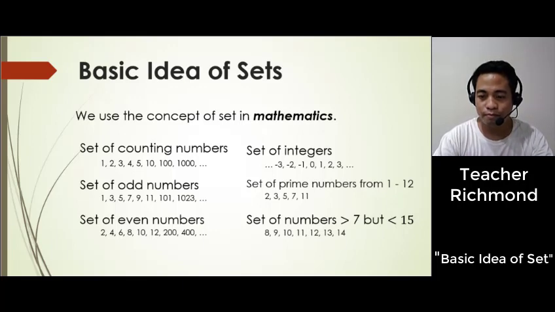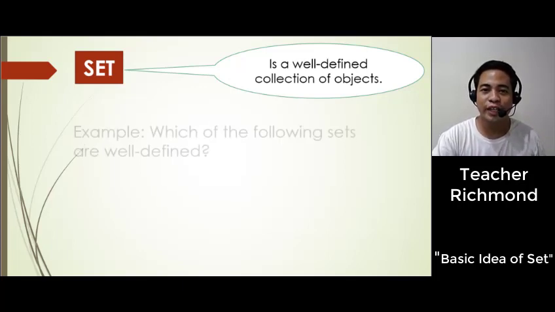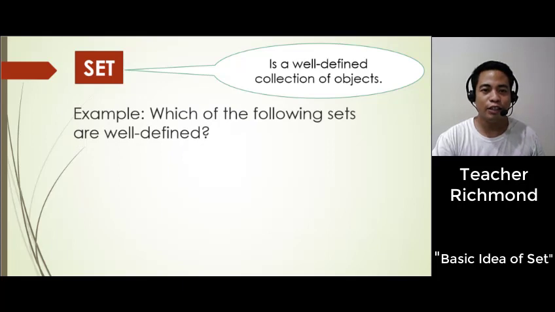So, by that, we will define set. A very common definition of set is a well-defined collection of objects. Okay, let's look at this example. Which of the following sets are well-defined? What do you mean by well-defined?